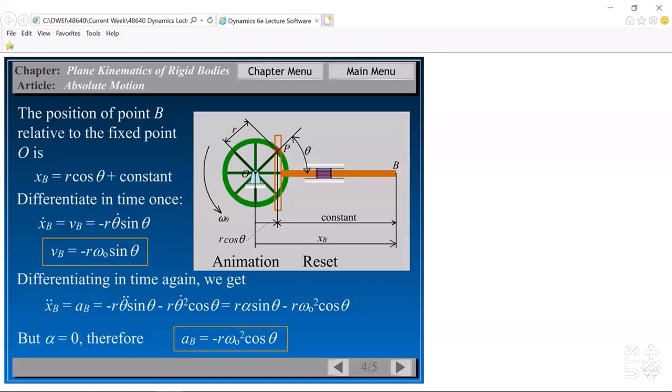On the right side, we can have angular velocity, omega, and this omega is the angular velocity of the wheel. In the problem, we already know it's a constant, it's omega O.